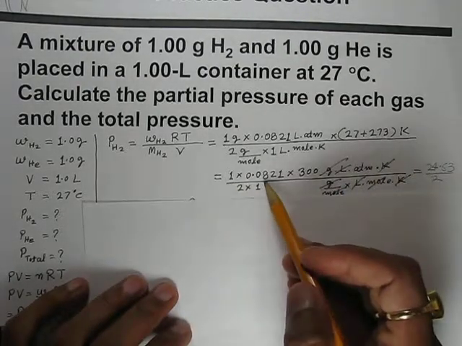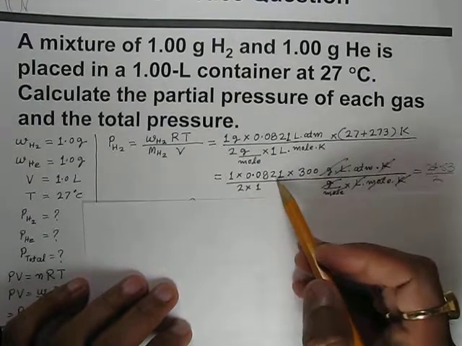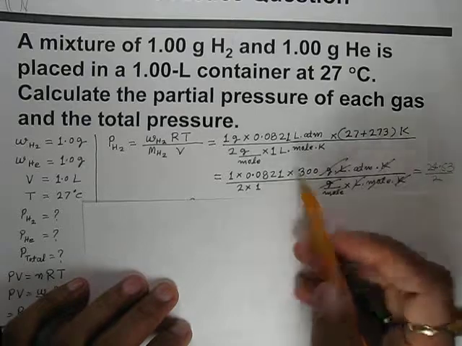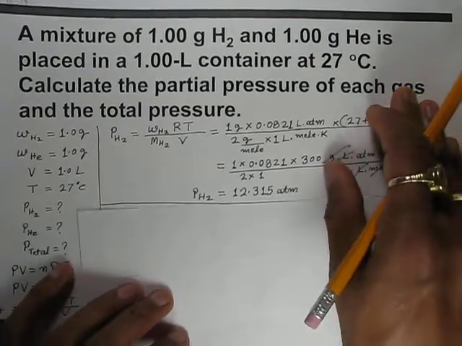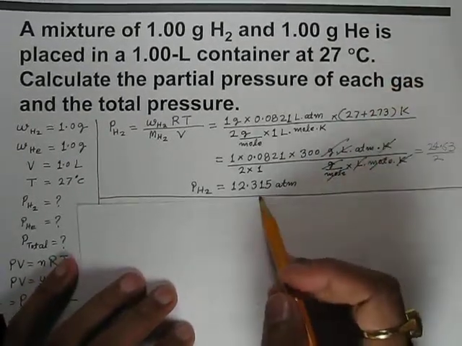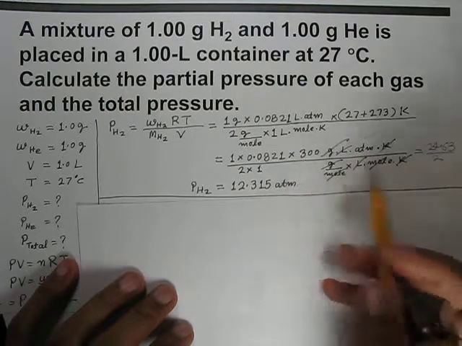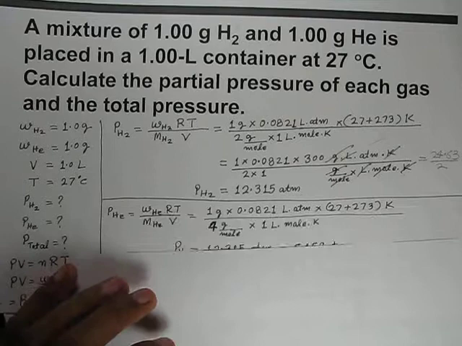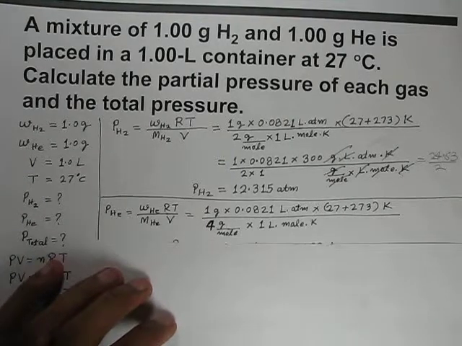So 1 gram multiplied by 0.0821 multiplied by 300, divided by 2 multiplied by 1, this will become 12.315 atmosphere. So this was the partial pressure for hydrogen gas.